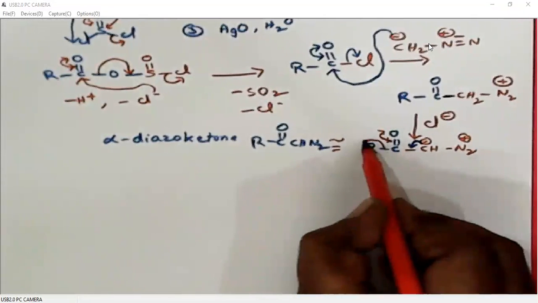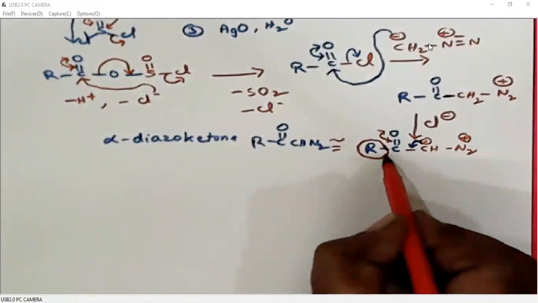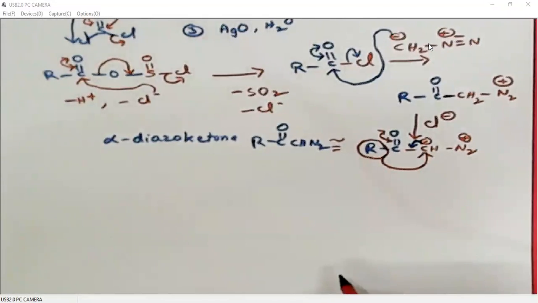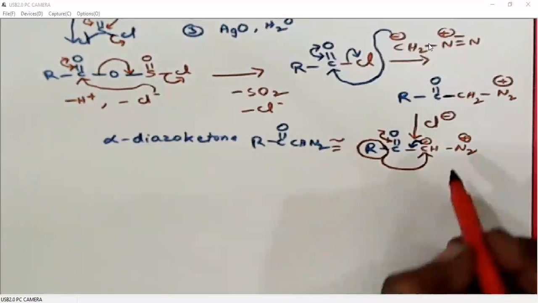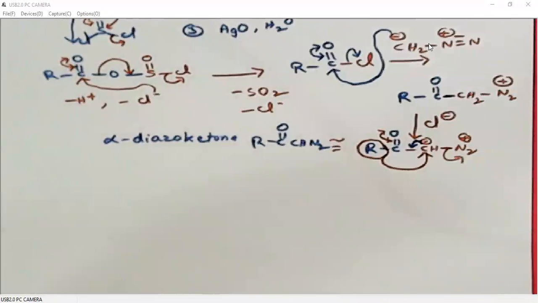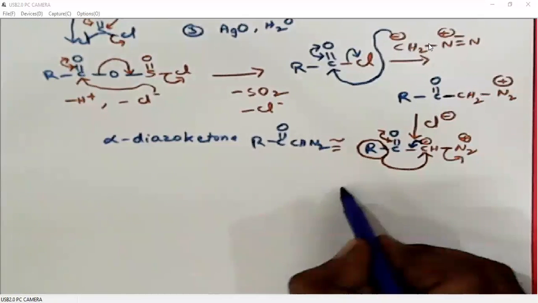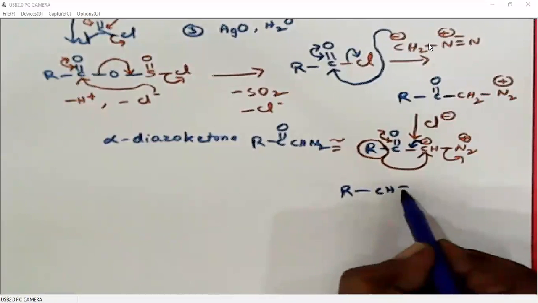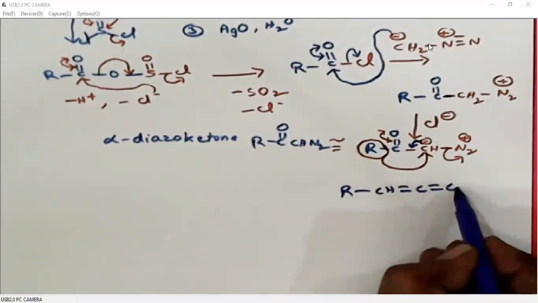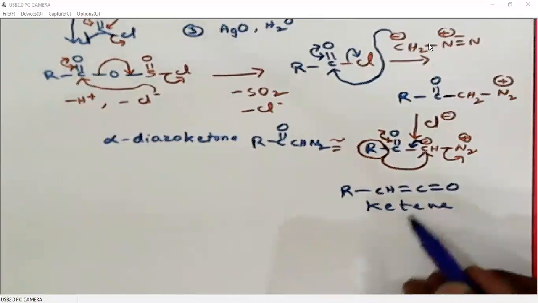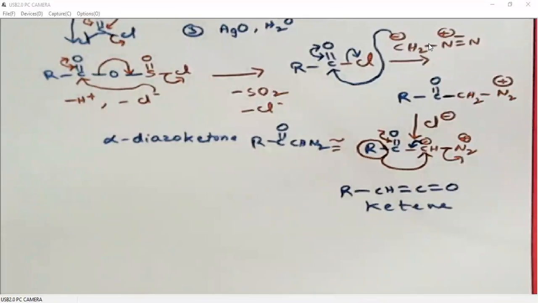In that case, the alkyl group, whatever it is, will migrate to the diazo carbon, then N2 will be leaving. So it generates RCH, of course, we have a double bond generated now, ketene. So this is how we are generating a ketene from carboxylic acid.